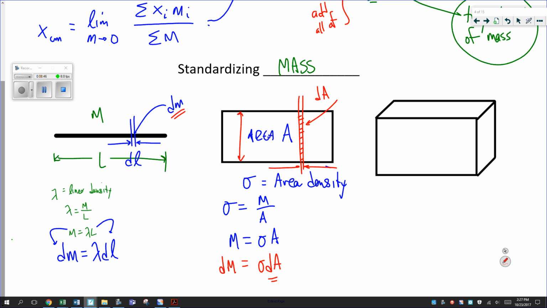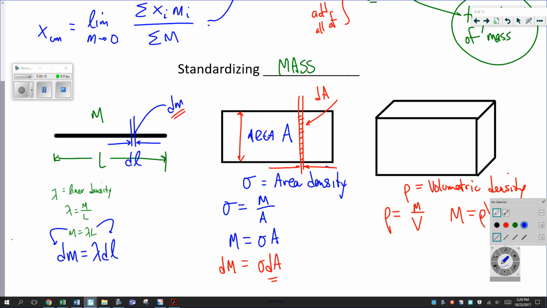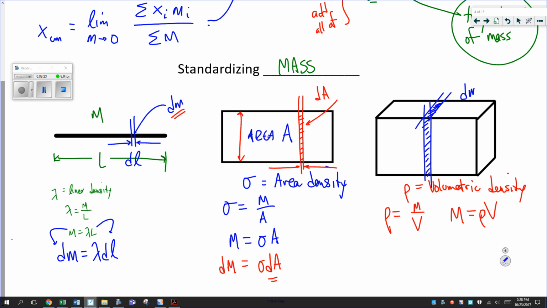Here's a box that has a volumetric density, or rho, which is mass per unit volume. And so we can write the mass of this thing as rho times volume. And there's a slice of this block that, call it what you want, call it your dm.